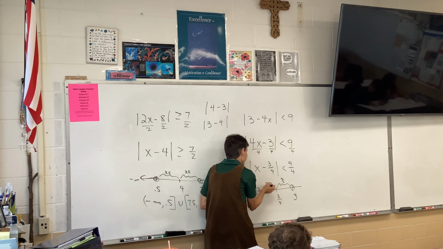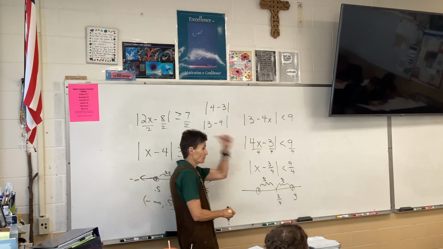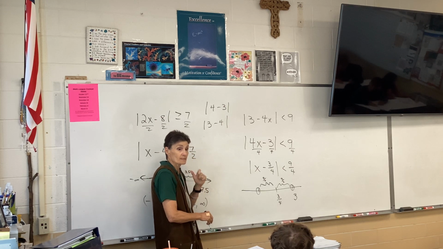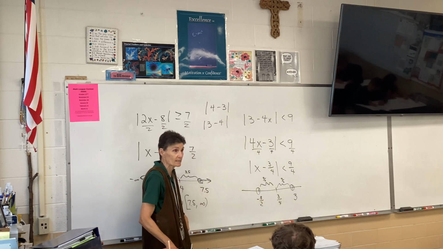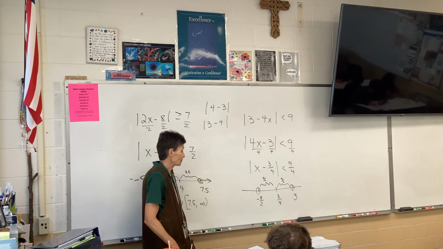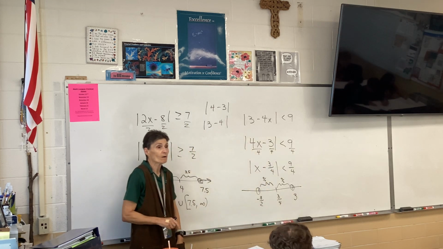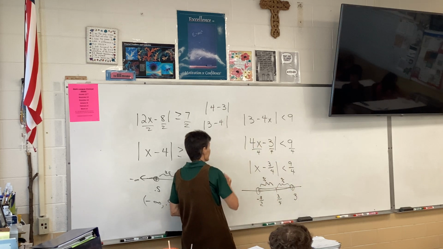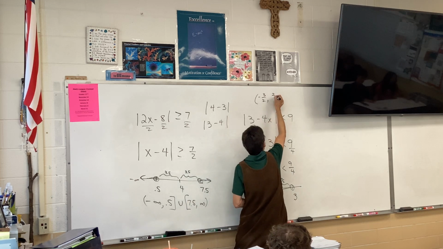And then I'm going to back up 9/4. So 3/4 minus 9/4 is negative 6/4 or negative 3/2, negative 1.5. Yep, if you're using decimals, 1.5. Those dots are open in this problem. And where are they shaded? In between. So the answer to the problem is negative 3/2, comma, 3.